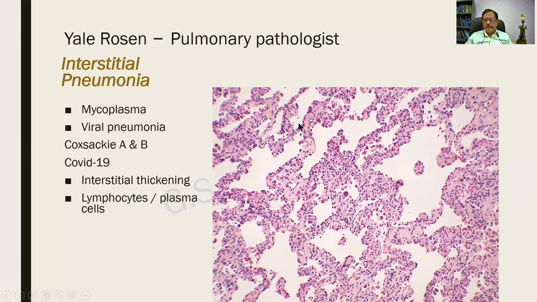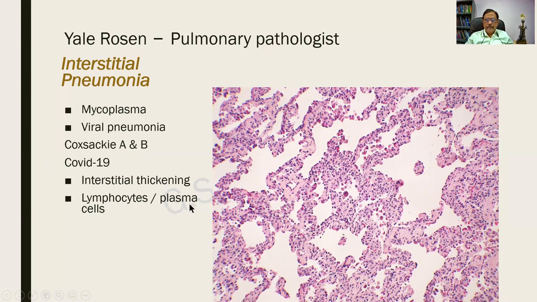The common organisms which can cause interstitial pneumonia will be mycoplasma. Viral pneumonia, it can be Coxsackie virus types A and B. Of late, COVID, the coronavirus, can also lead to interstitial pneumonia. That is a thickening. And what do we see microscopically?